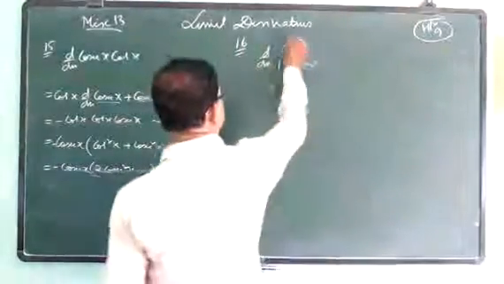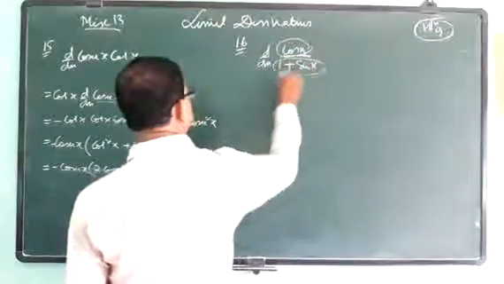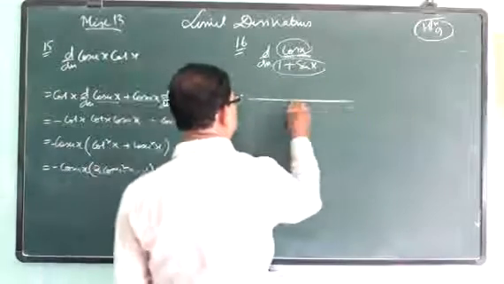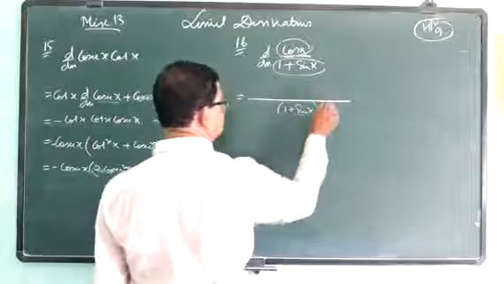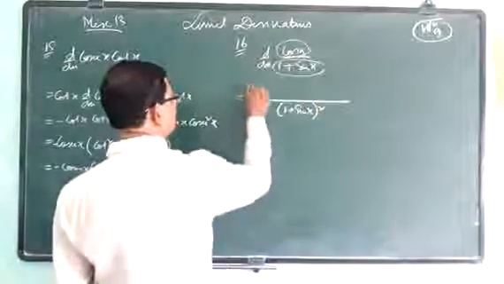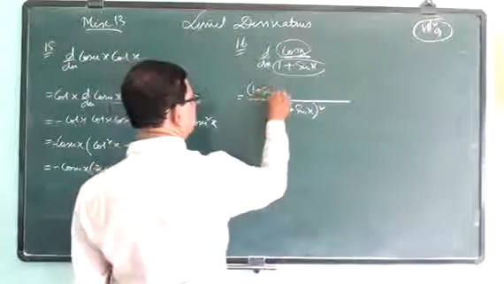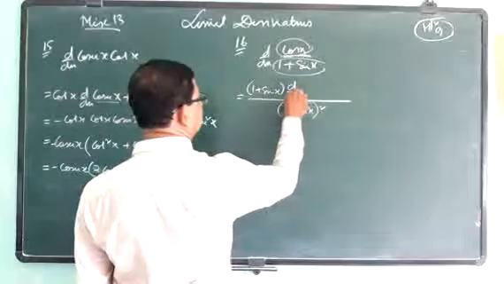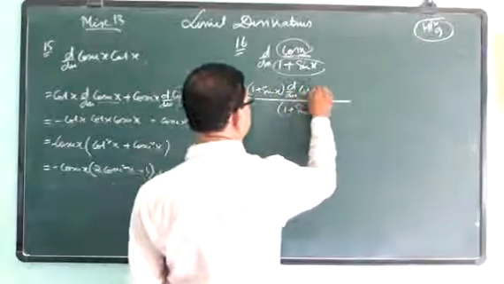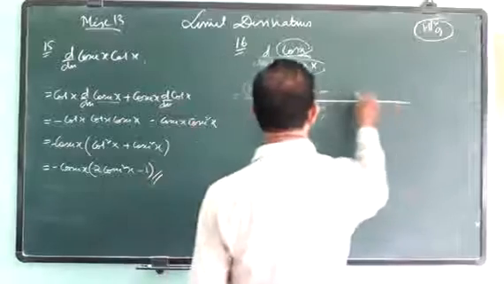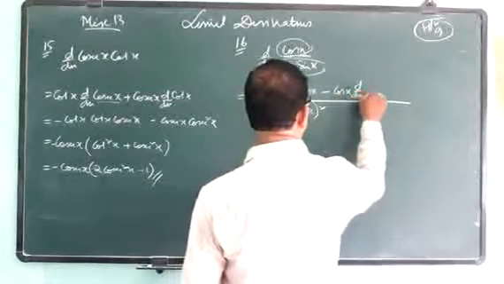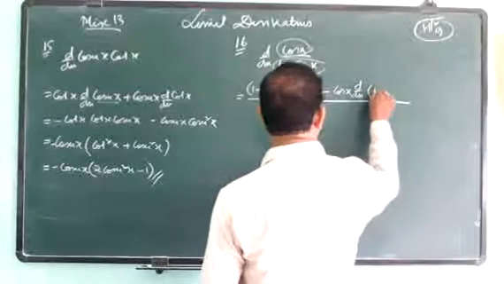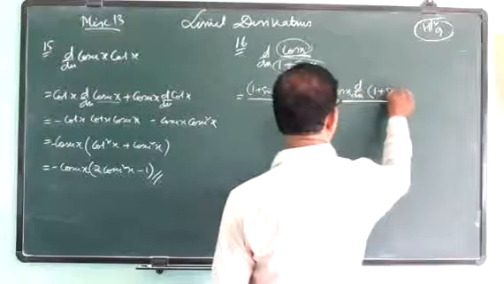So if we take this as u and this as v, our result will be (1 plus sin x), that is v, its square. Then keep v and differentiate u, then keep cos x and differentiate 1 plus sin x.